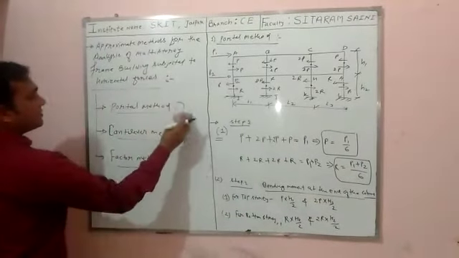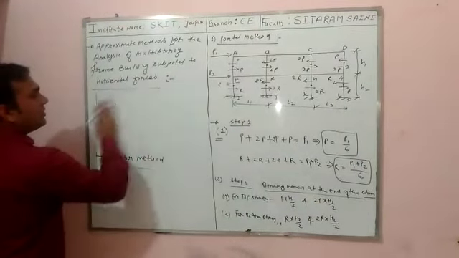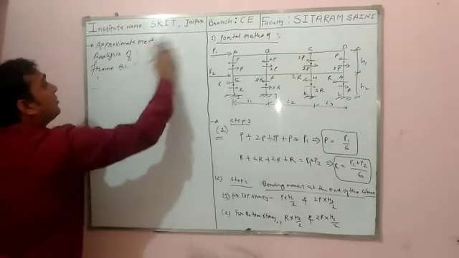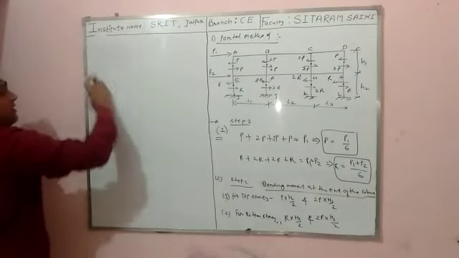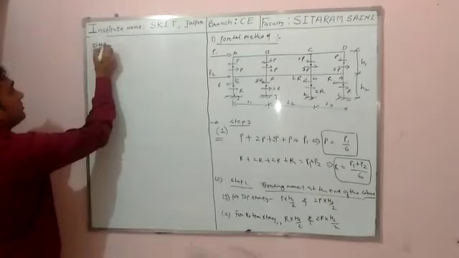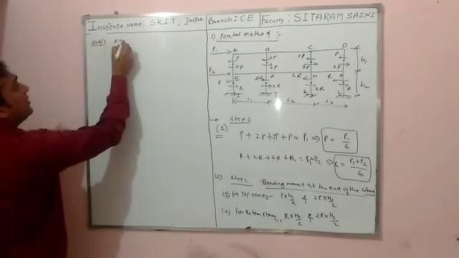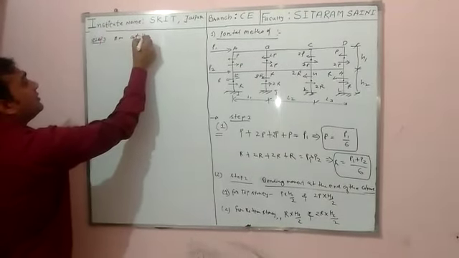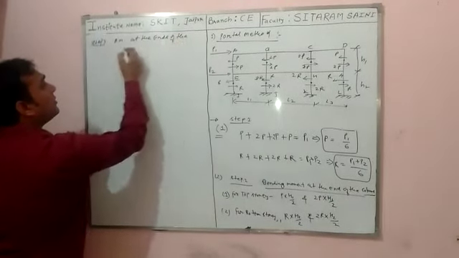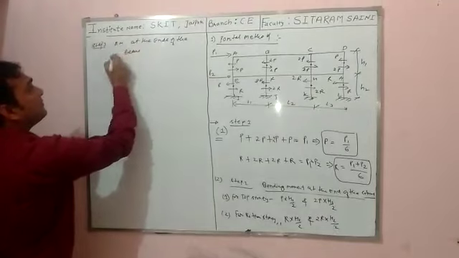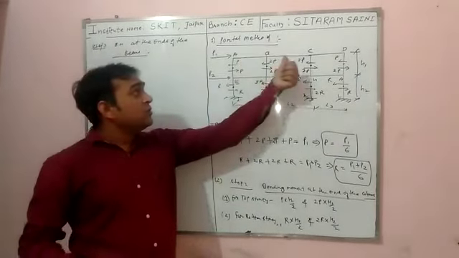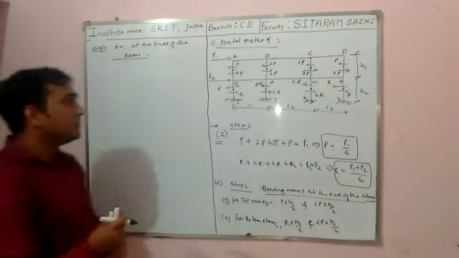Now, step number 3 is the bending moment at the end of the beams. Beams 1, 2, 3, 4, 5, 6.